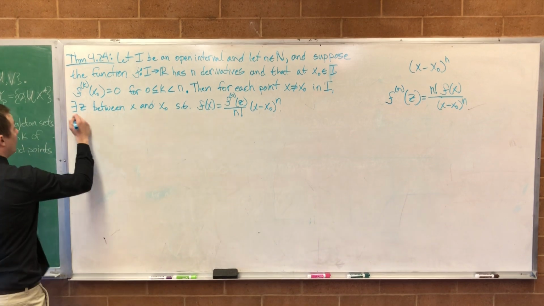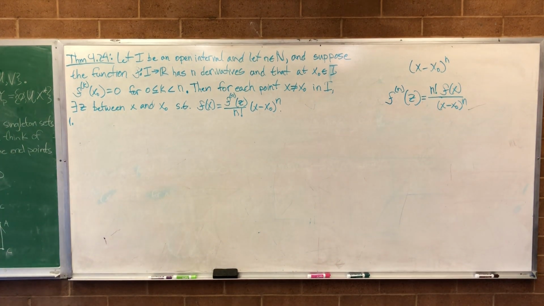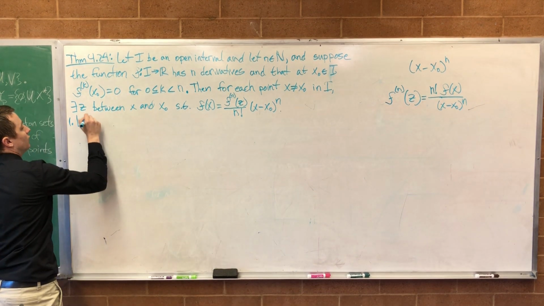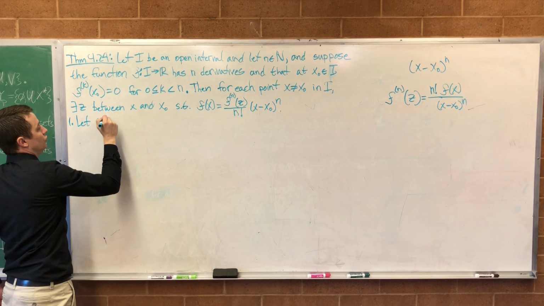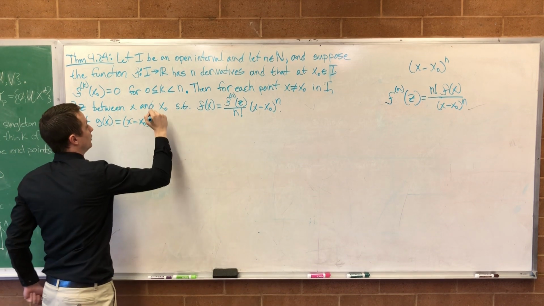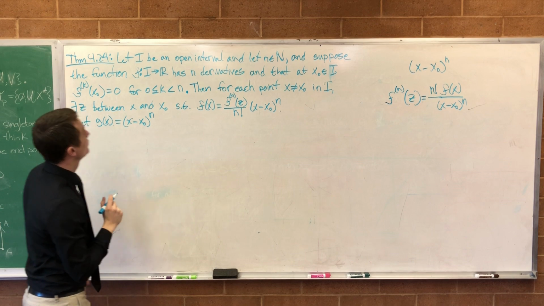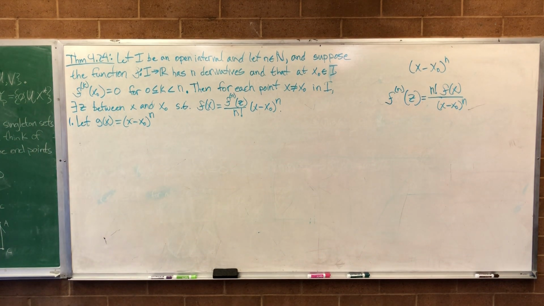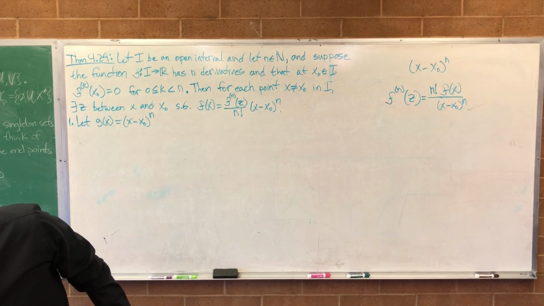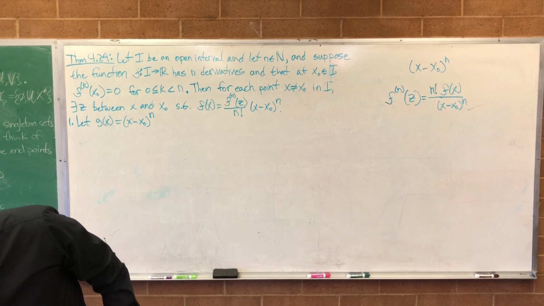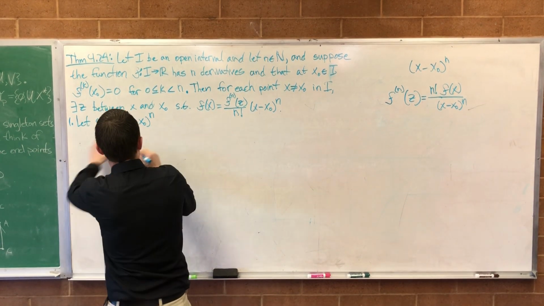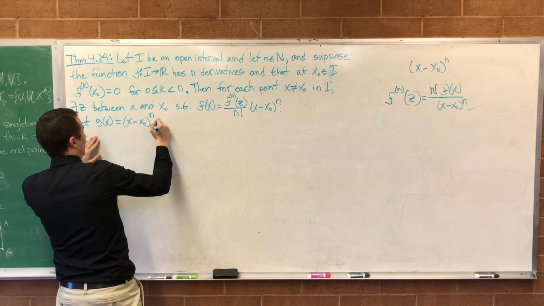So, one, that denominator thing, this thing right here, we're going to let g of x equal x minus x naught to the n. And then we're going to just use the mean value theorem. These are properties we already went over, but it won't hurt to restate it.